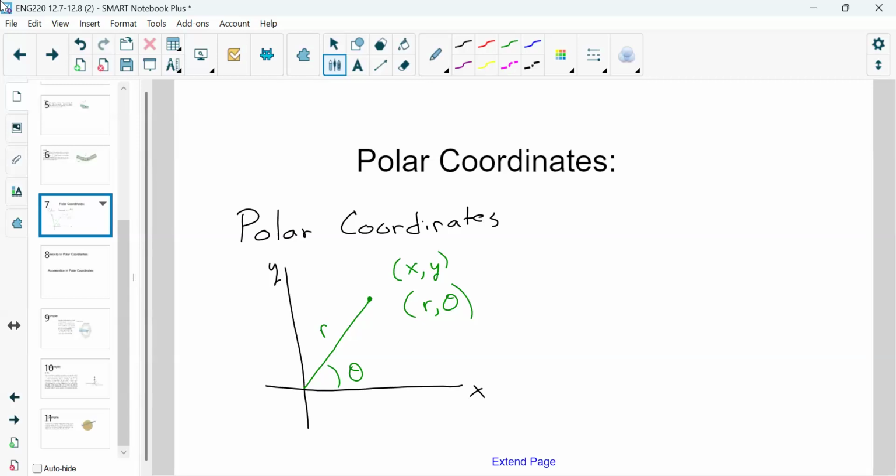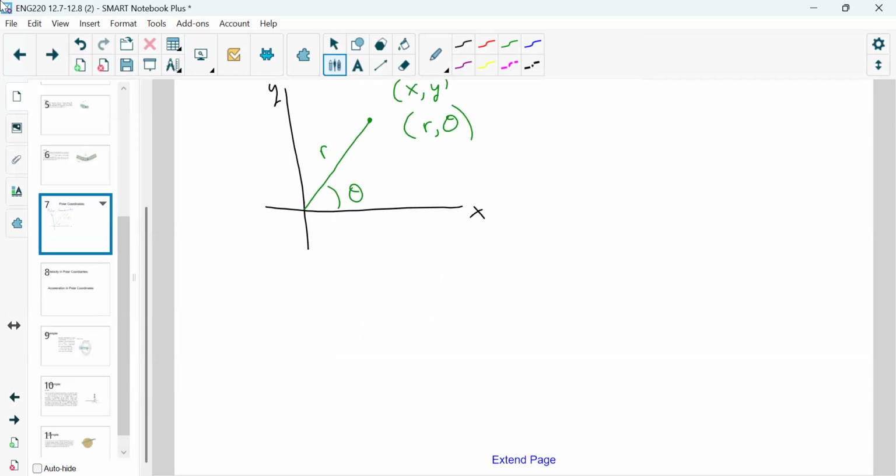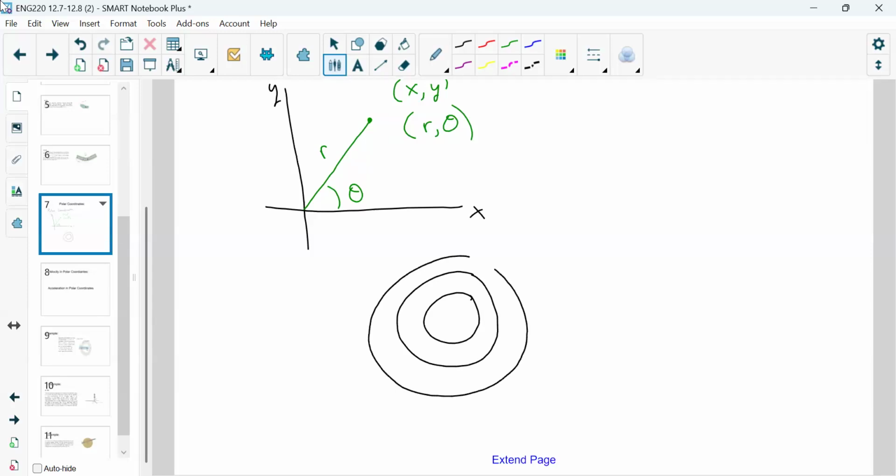Okay. So I didn't pull down any polar graph paper, but when we have polar graph paper, have you guys seen polar graph paper? I assume yes. What it looks like is you have a series of concentric circles. All right, and then this is your R value. So this would be 1, 2, and 3.